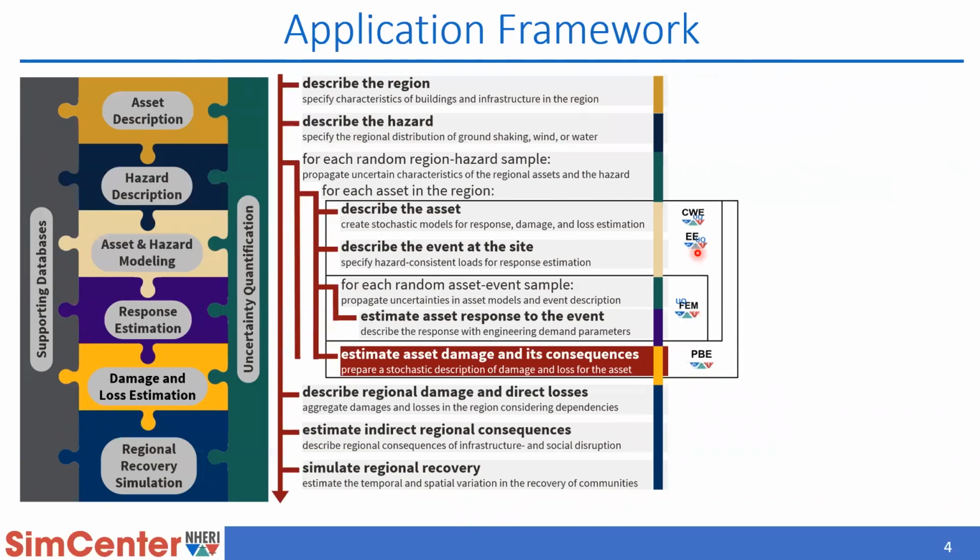So in this tool, you would define a building model, you will define the earthquake characteristics, and then you can do things like hazard analysis, or you can use stochastic models to generate loads on the buildings that are uncertain, and then you can do the response estimation after that.